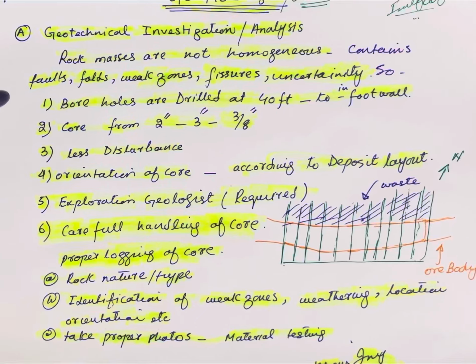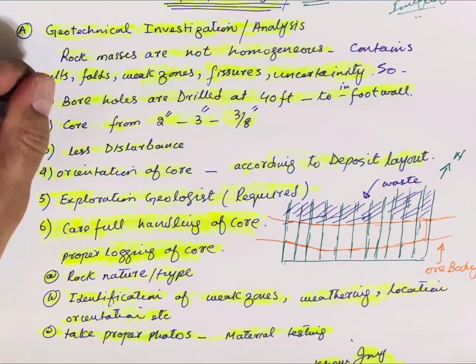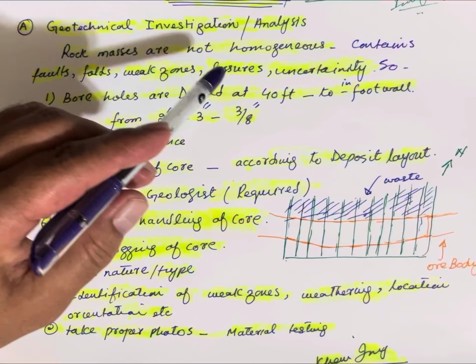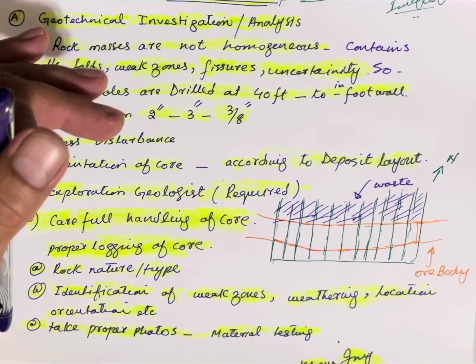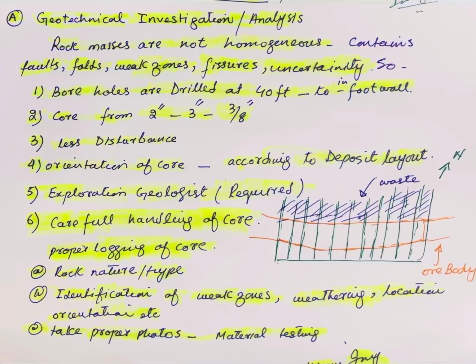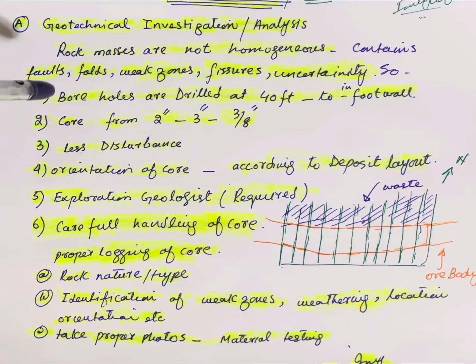Within the rock masses there are small faults, folds, weak zones, fissures, and uncertainties. All these things are called weak zones.